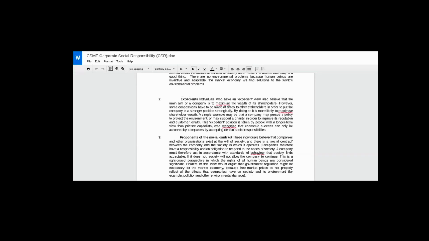So interesting. The second one is the expedient view. The scholars here, or the group of individuals here, they agree with number 1 view that we call pristine capitalist view. The expedient view stated that individuals who have an expedient view also believe that the main aim of a company is to maximize the wealth of the shareholders.